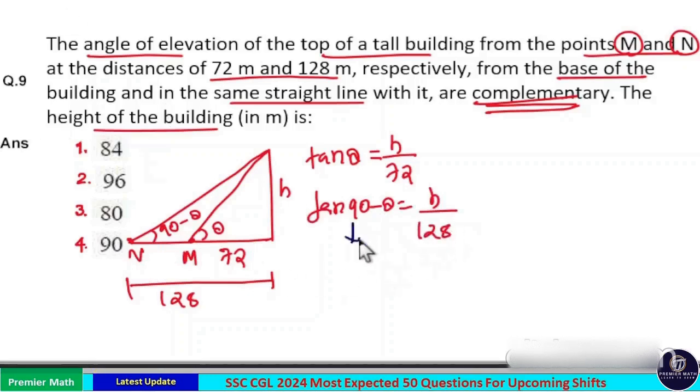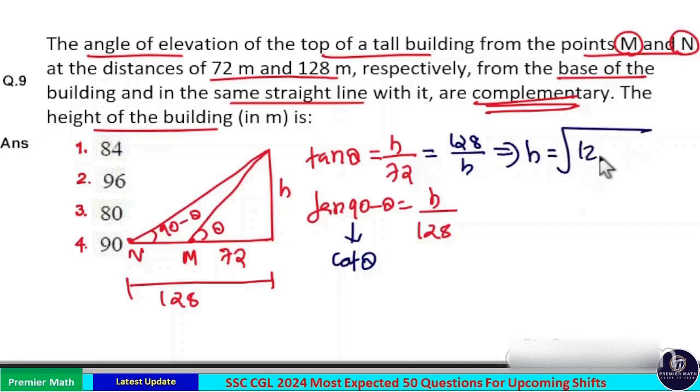Now tan 90 minus theta means cot theta. So cot theta means 1 by tan theta is equal to h by 128. Then tan theta is equal to 128 by h. Now from this, h square is equal to 128 into 72. Then h is equal to root of 128 into 72.